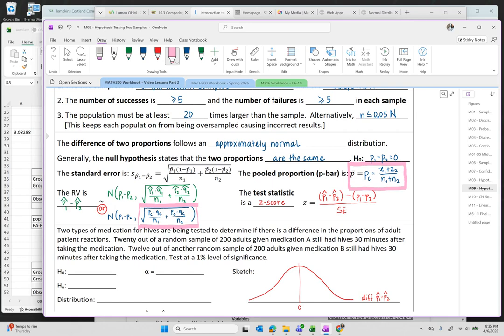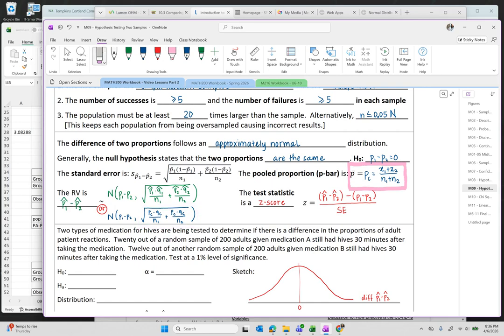So the random variable has a mean of p1 minus p2 and a standard error of a similar calculation depending on how the proportions are determined. And the test statistic is a z-score that equals the difference between the sample proportions minus the mean of this distribution, divided by the standard error of the distribution.